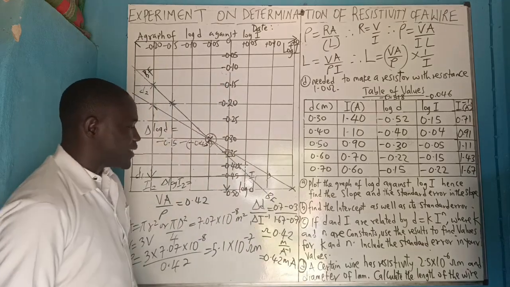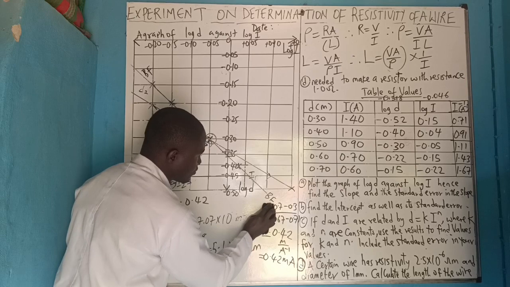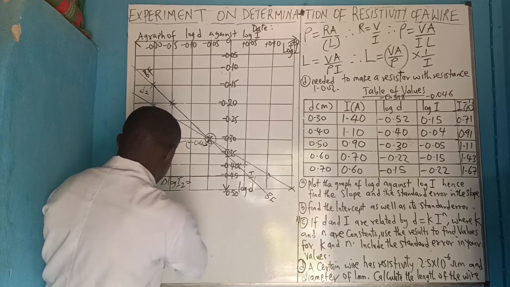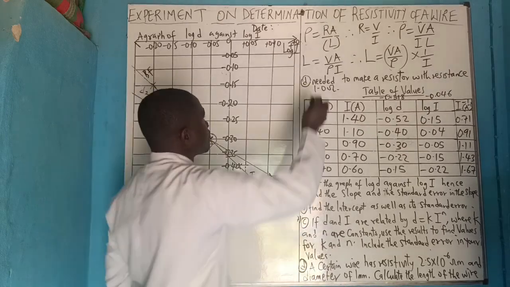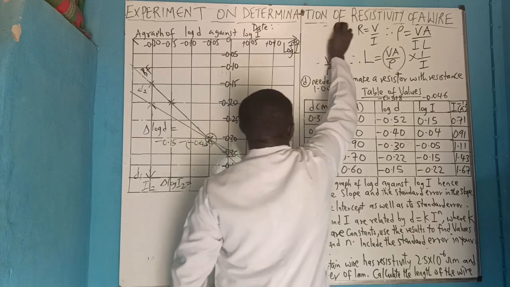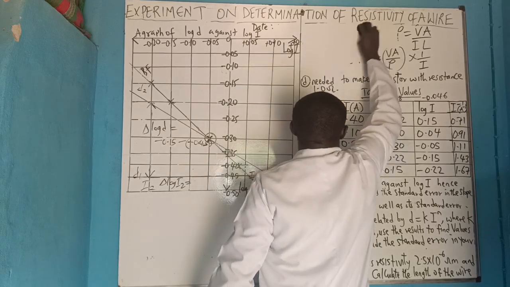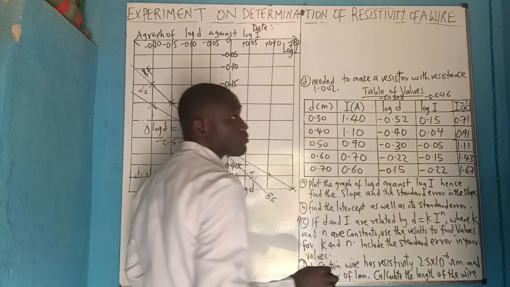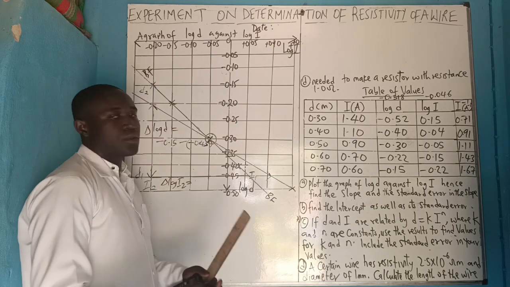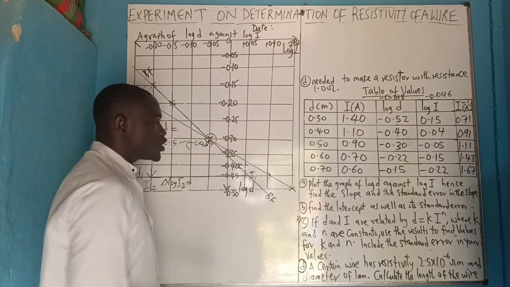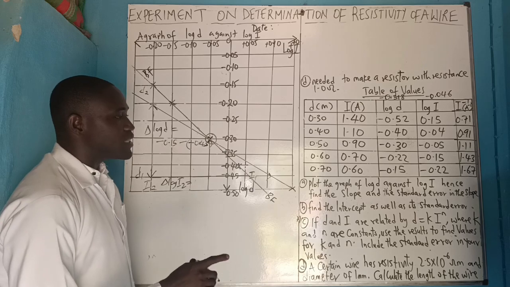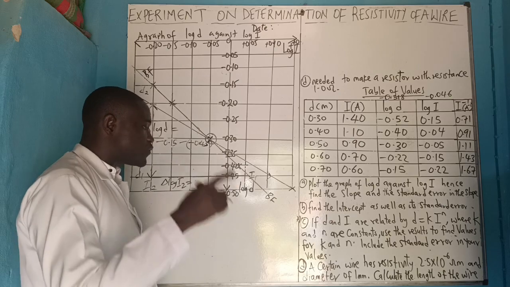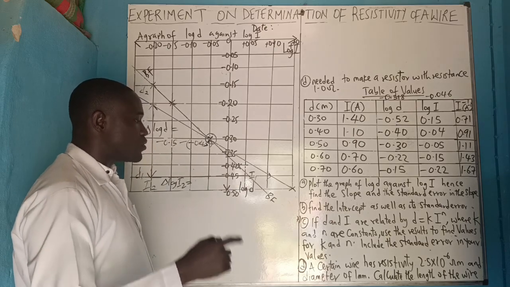We now go to question number C. If D and I are related by D equals K I raised to power N, where K and N are constants, use the results to find values for K and N. Include the standard error in your values.